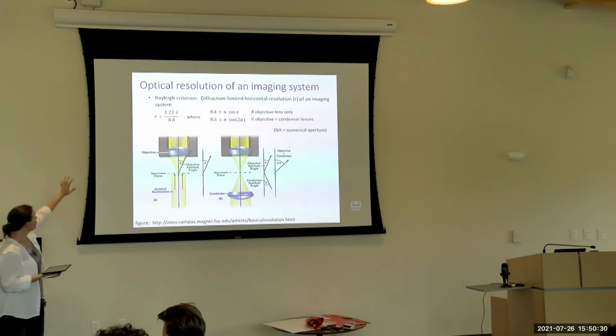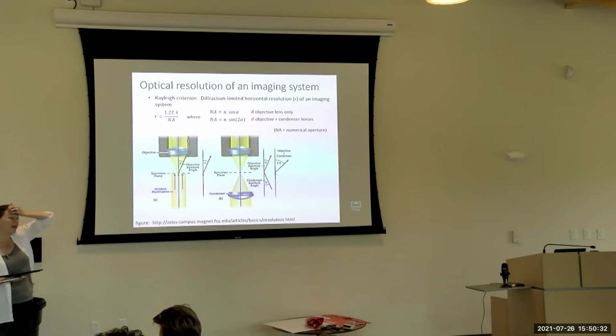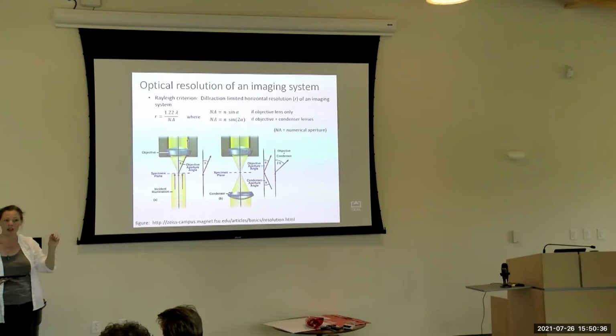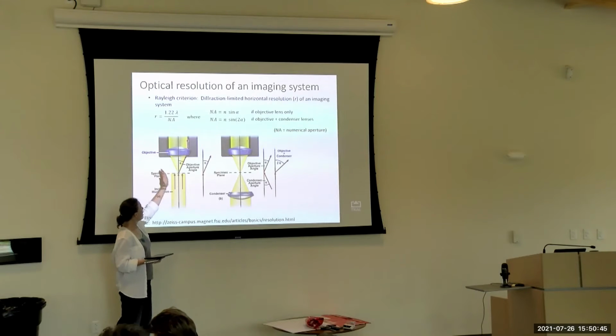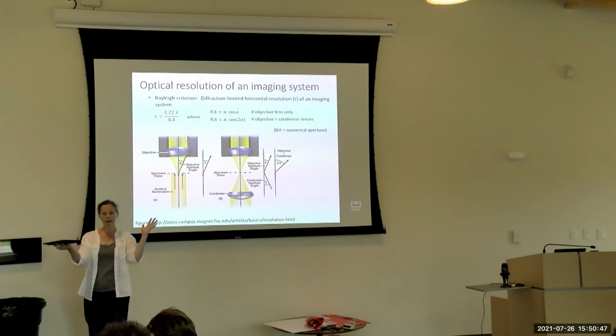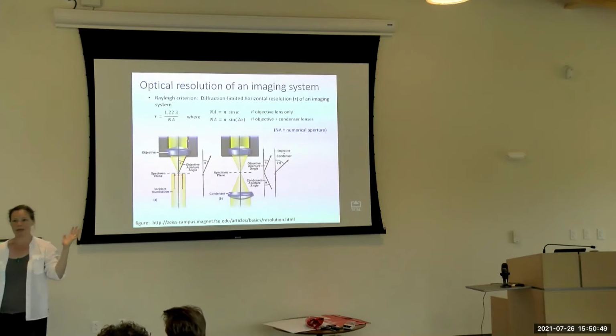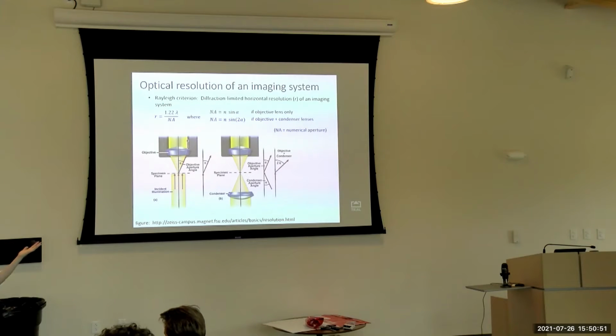And you can see by this relationship that the larger the numerical aperture, the smaller the horizontal resolution limit of your microscope system. If you have a lens gathering light through a wider angle, it's going to gather more of that diffraction pattern, and distinguish smaller and smaller features within the specimen.